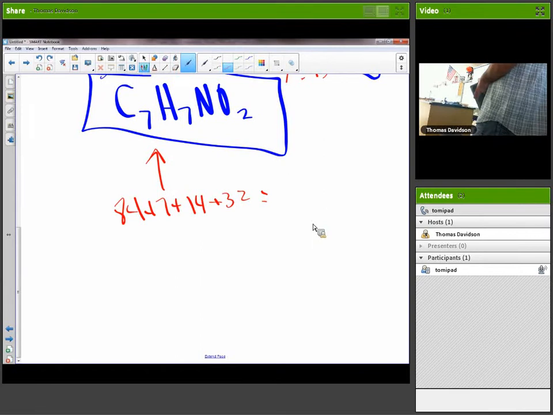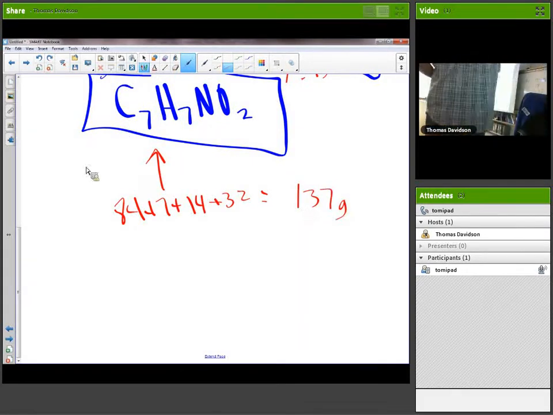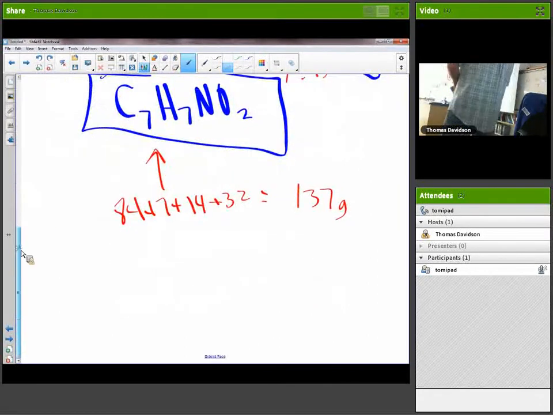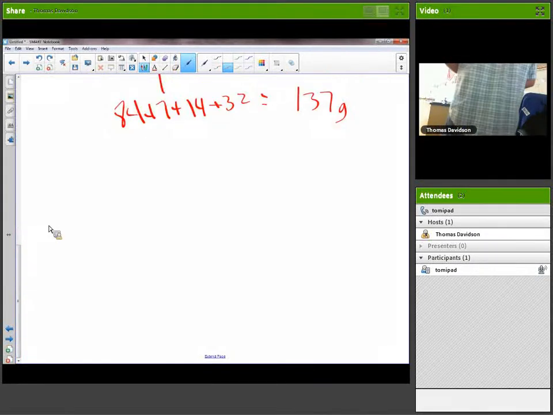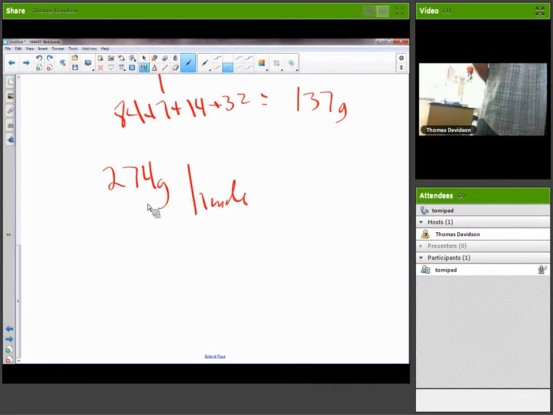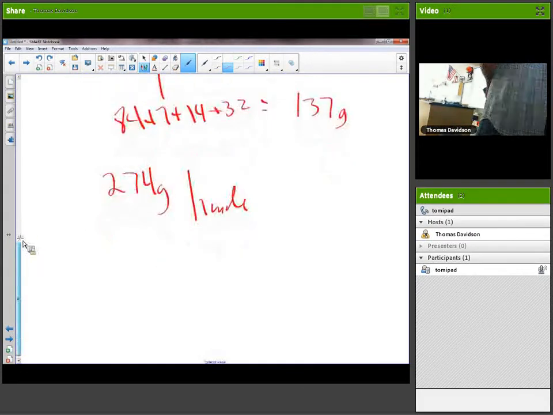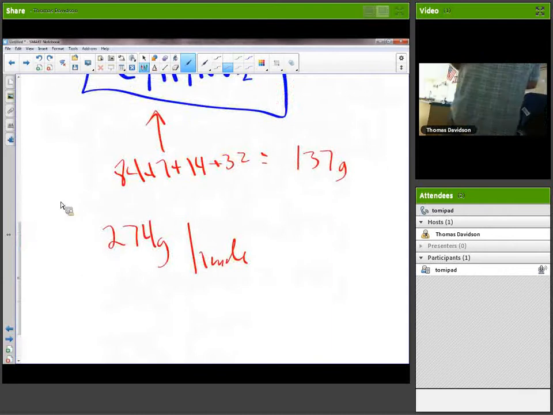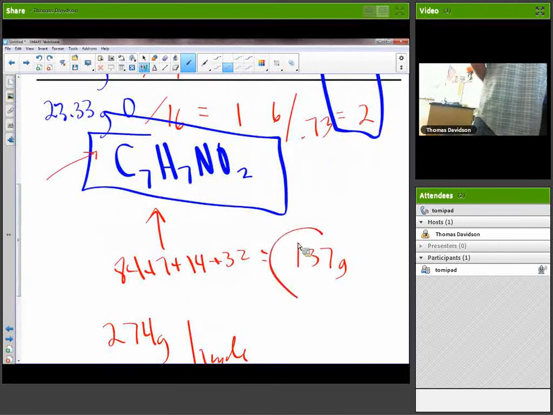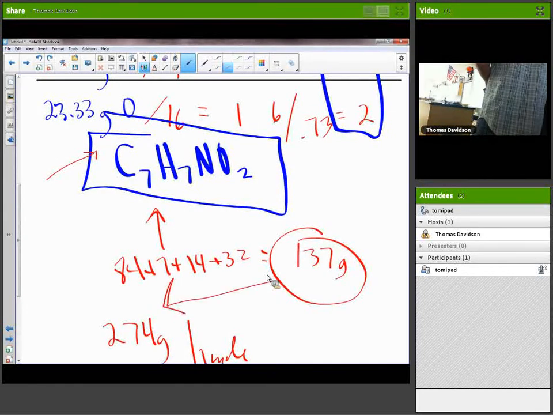Okay, so this is what PABA's mass is for real, but the test question that I can't seem to locate right now would give you the information, then it would say that the mass is 274 grams per 1 mole. So when this happens, if it gives you the mass, you still do all the same stuff, and then you find the mass, and it will always be a factor of that value.